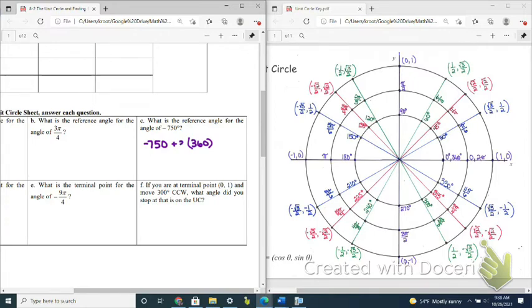In this case, I have to add 3 of them. When I do, I get 330 degrees. So I'm going to come over here to find 330 degrees. That is blue. And therefore, I know that my blue lines are all 30-degree reference angles.